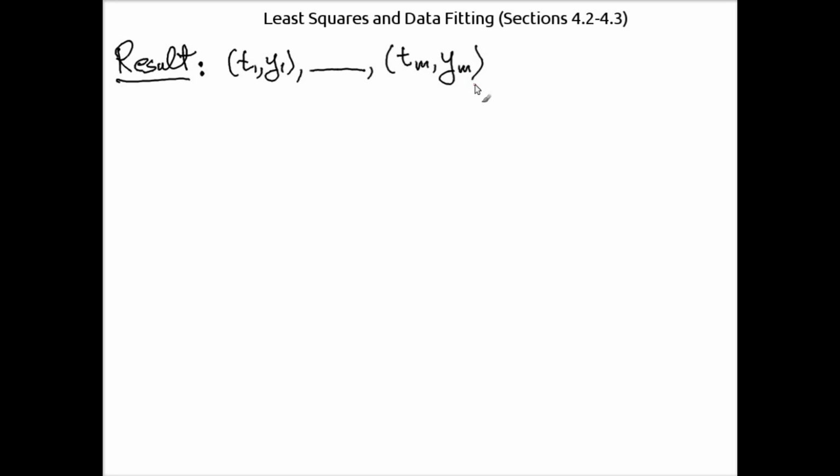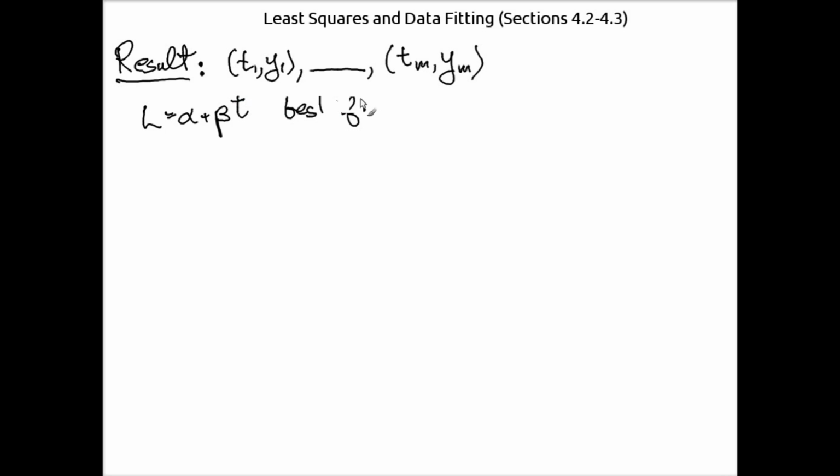Okay, so here's the result. We basically know what it is. Let's just write it out. I'll remind you, you're given these points (t1, y1) through (tm, ym), and we're trying to find the best fit line L, which is alpha plus beta times t.